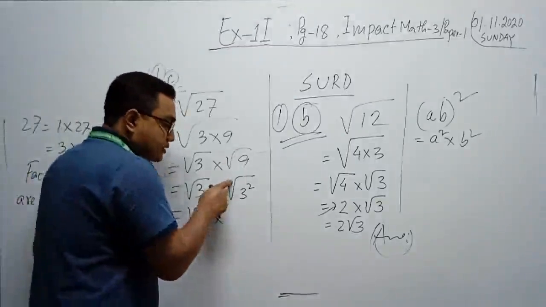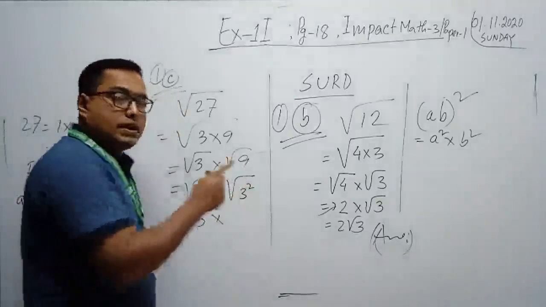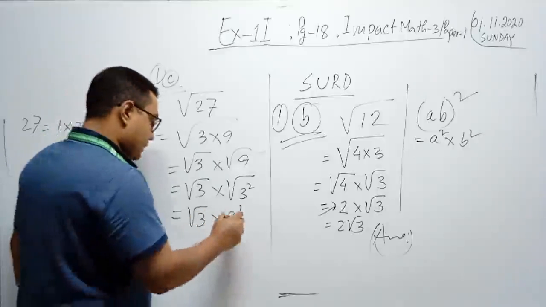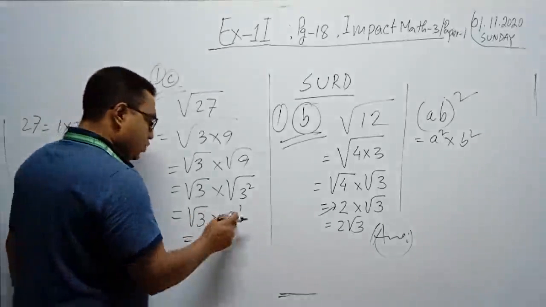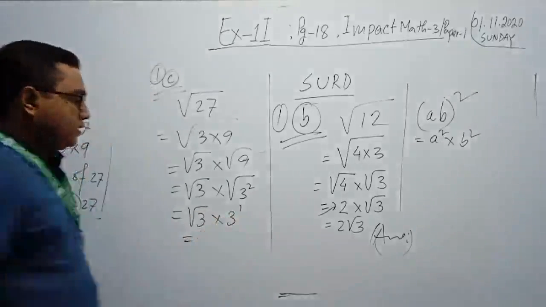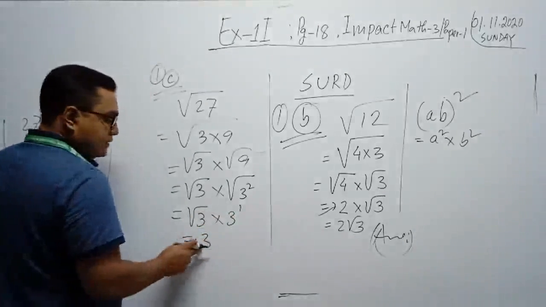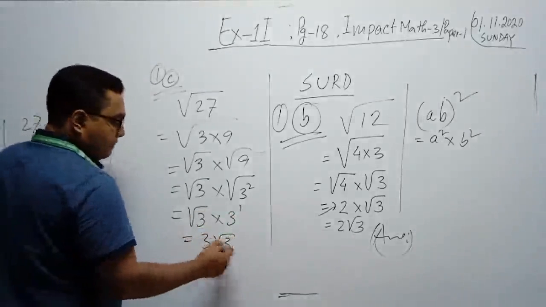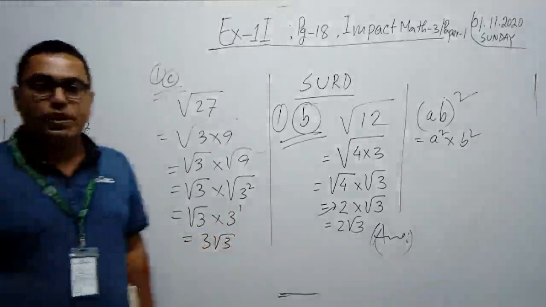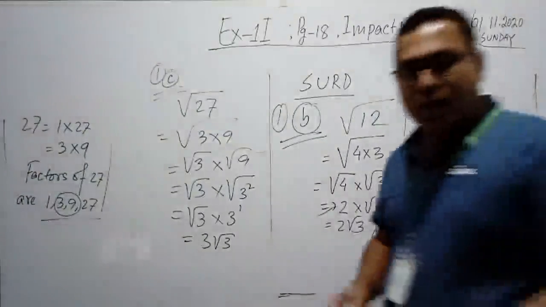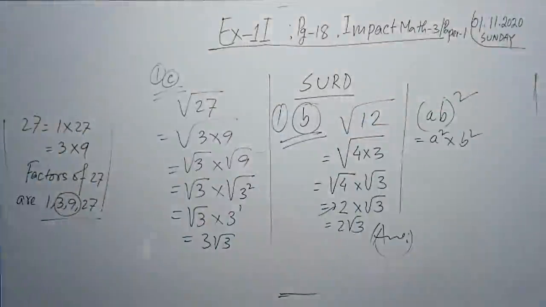Here is a square root and that is a square, so we will get 3 to the power of 1. So the coefficient will be written on the left side: 3 square root of 3. That is the simplest possible surd.